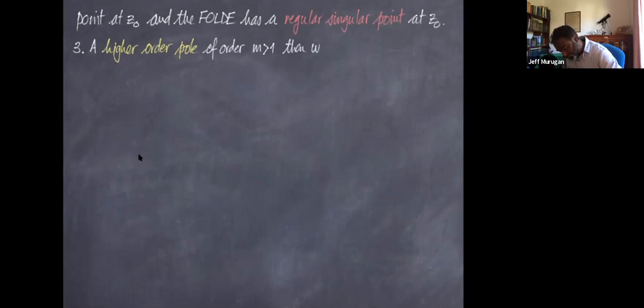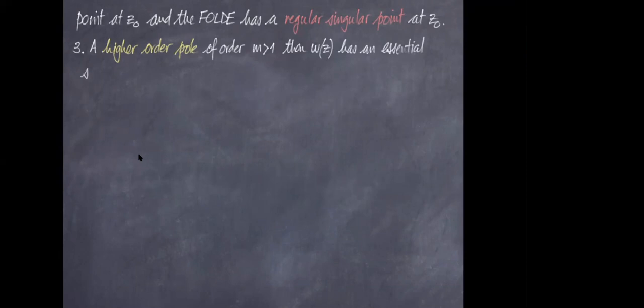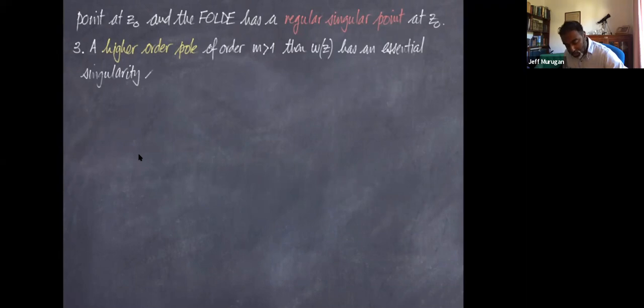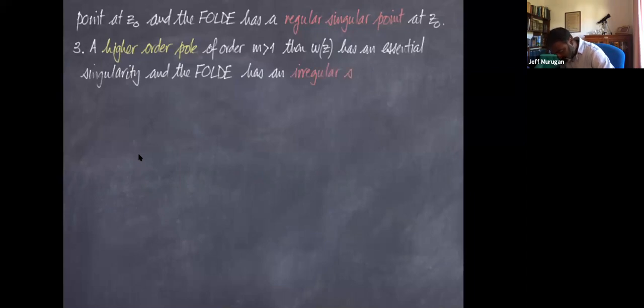Then in this case, W of Z has an essential singularity at Z naught, and the differential equation itself has an irregular singular point at Z naught.